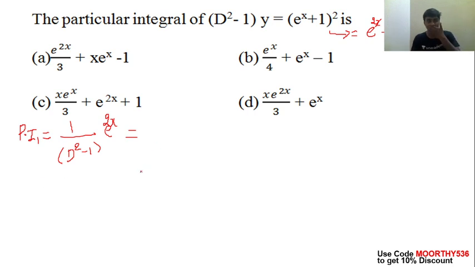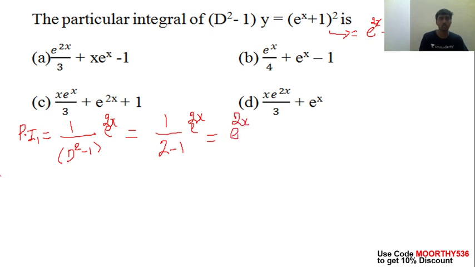We are replacing D square by 2, so we get 1 divided by 2 minus 1 into e power 2x, which is equal to e power 2x.